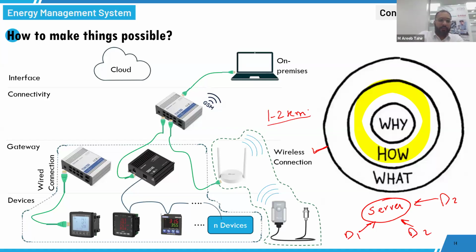Then we have another type of connectivity, for example, Ethernet. Let's say in your room there is already an Ethernet switch, and we can have a type of device, especially for power quality, which can connect using just the Ethernet cable. The maximum for this cable is 100 meters.